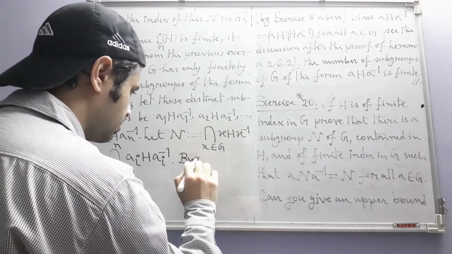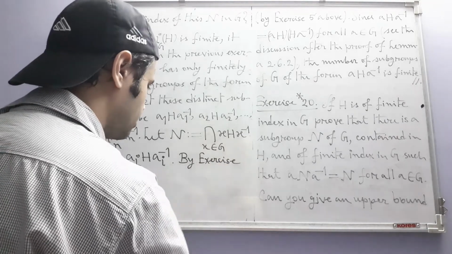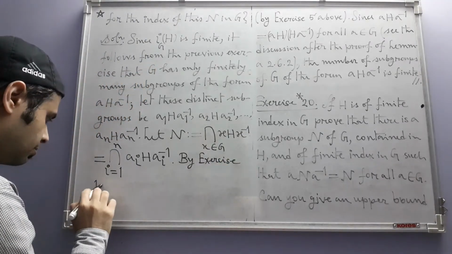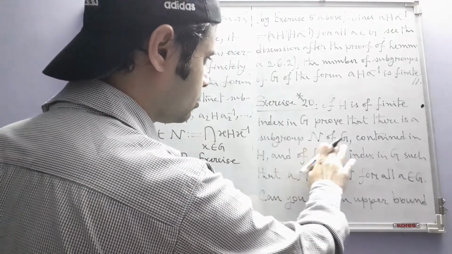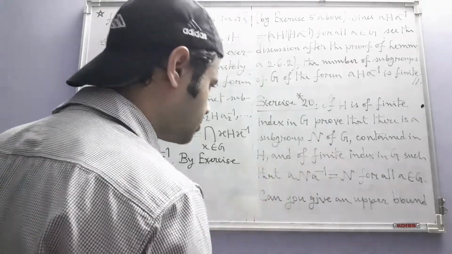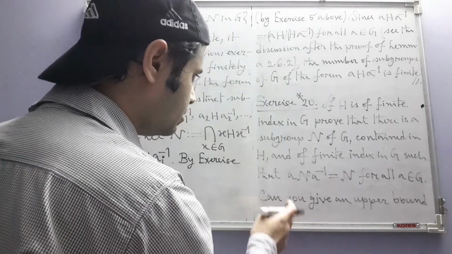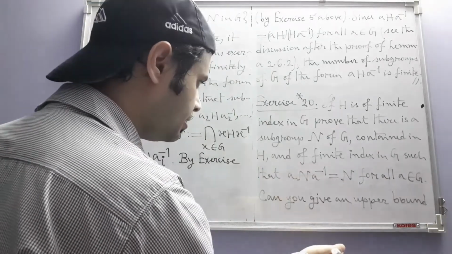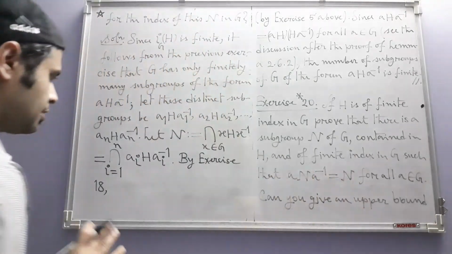By exercise 18, what are the things we are required to show? We have to prove that N is a subgroup of G. It is contained in H. It is of finite index in G, and also this. Okay, so these are the things.